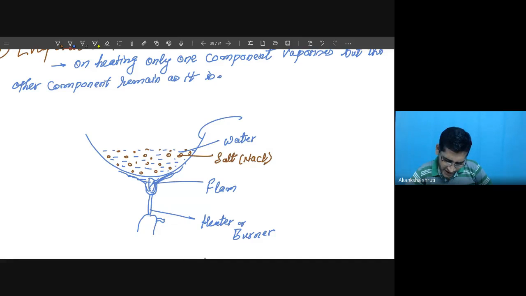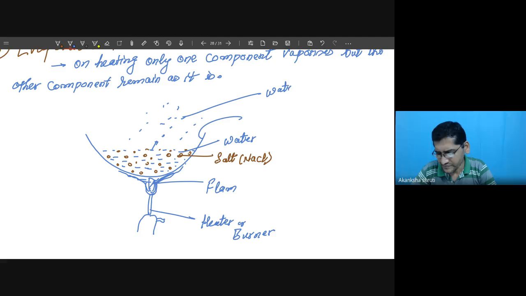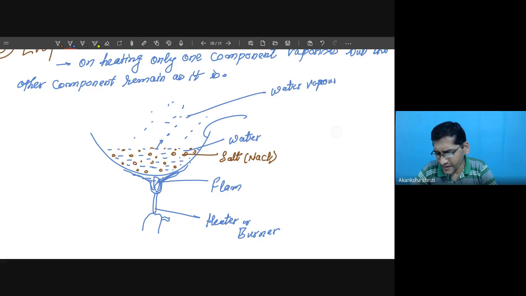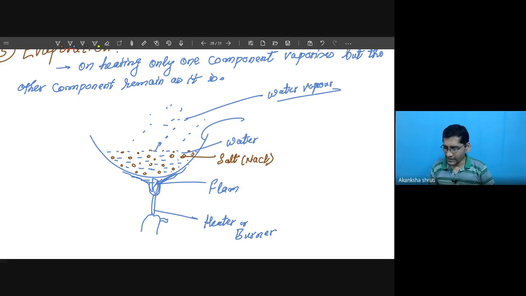The water gets converted into the vapor phase and rises as vapor. These are the water vapor. But the salt will remain in the dish or utensil, unchanged.